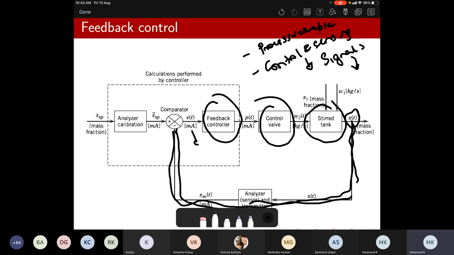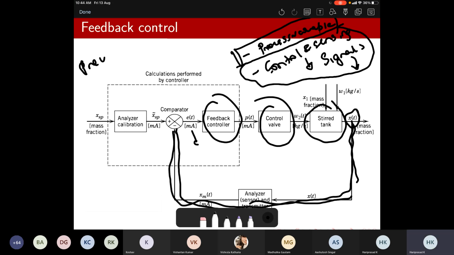So again, what I'm trying to say is this: most of the time, your input and output would be in physical variables, while inside whatever loop we see, it would be mostly in terms of signals. It can also be a pneumatic signal, okay? It need not always be an electrical signal. It could be pneumatic, which means air.